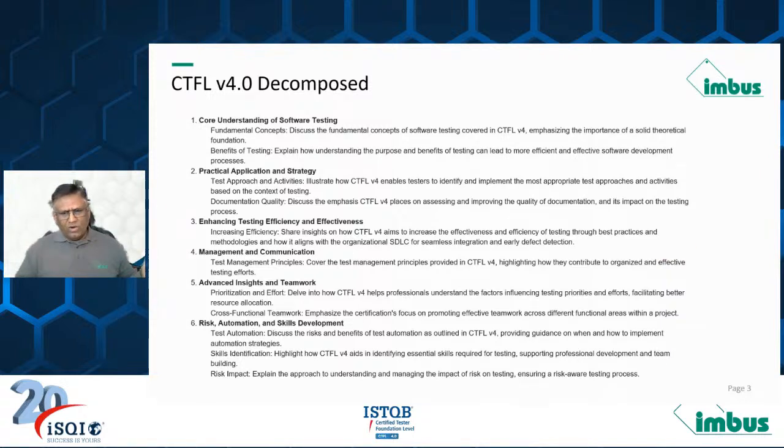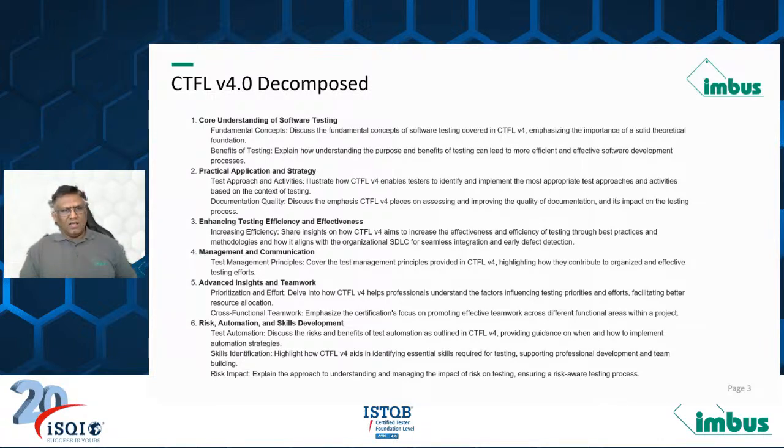In version 3.1, ISTQB does introduce some of the generic tools, but in this version 4, we will talk about some specific tools that could be used, especially when we are talking in an agile environment or agile ecosystems. So I will try to introduce some very generic tools. I may not talk about specific tools, but I will talk about the benefits of using certain types of tool in certain frameworks.